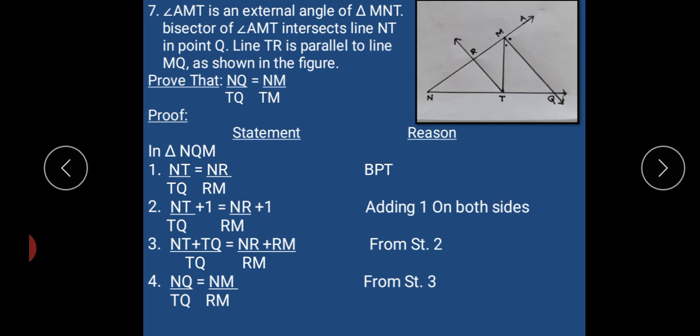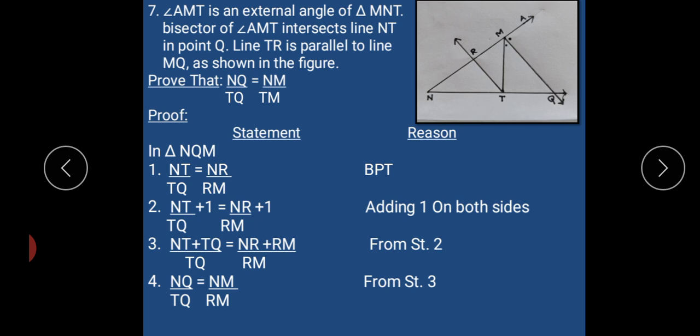So many said this is out of syllabus. But if you add 1 on both the sides, which you are free to do, whether add 1 or subtract 1, you get the same result. So there is no need of using componendo here. Therefore, this rider is not out of syllabus.